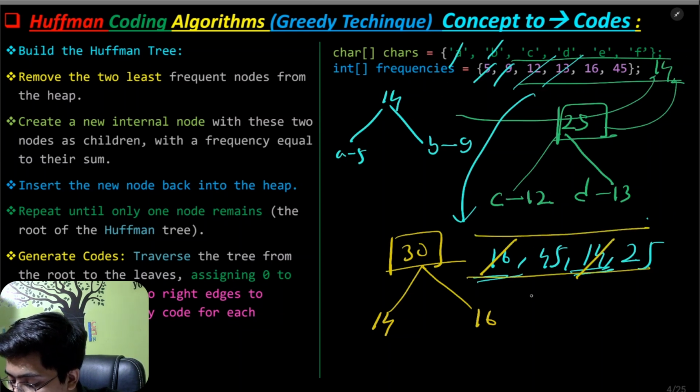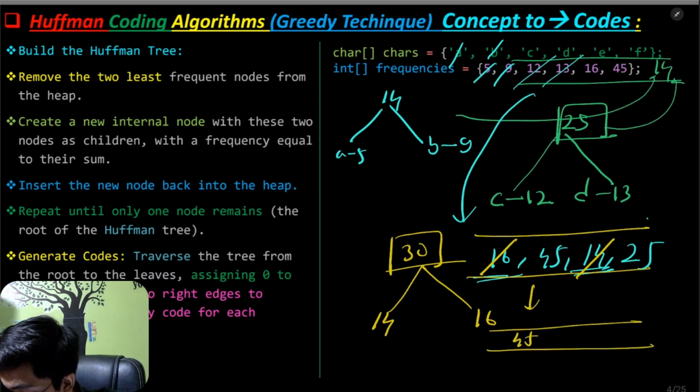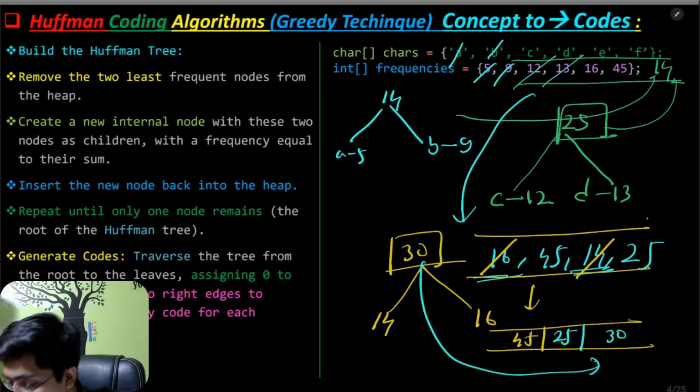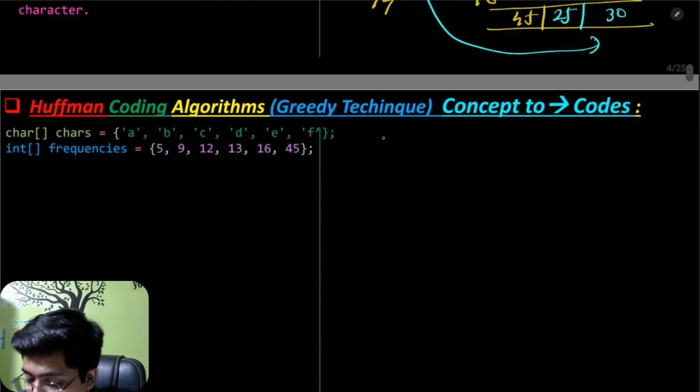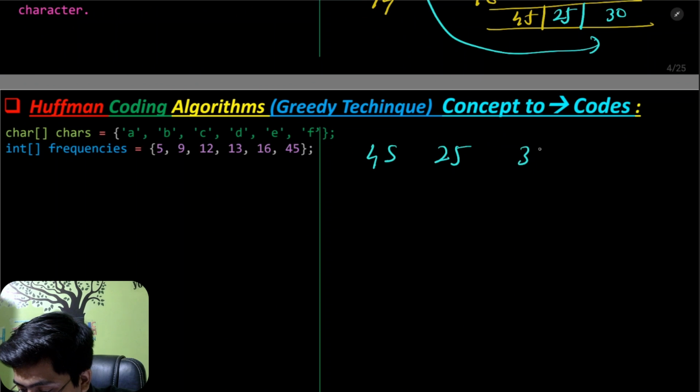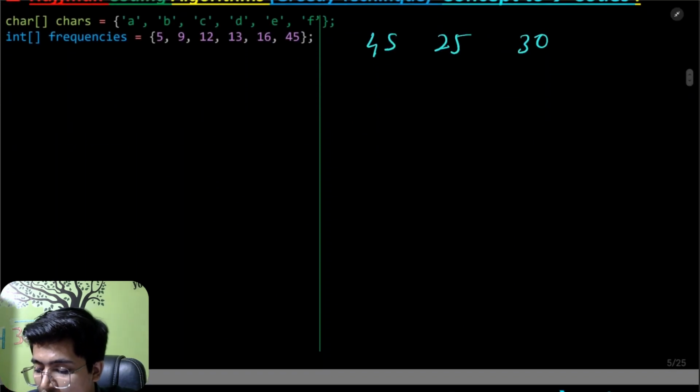So after this we again insert in the next step. The remaining elements are 45, 25, and we again insert this 30. So these are the remaining elements. Among 45, 25 and 30, these three elements, we now pop the minimum two elements from this queue.